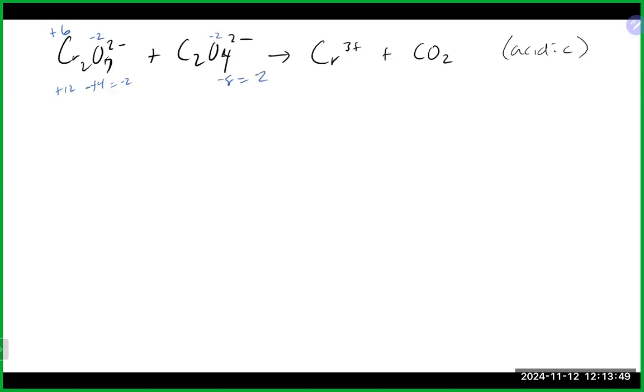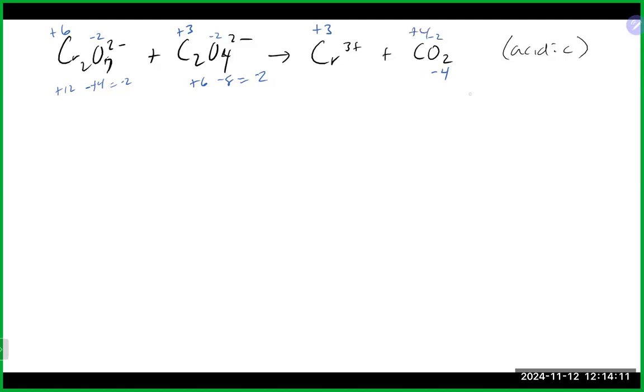So that's a +6 I need. But there's also two of them, so each one would be +3 in this case. That's going to be a +3, and here to our CO2, -2 times 2 is -4, and that would then be a +4.